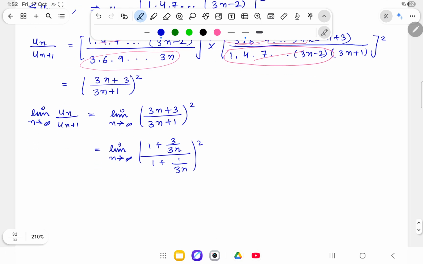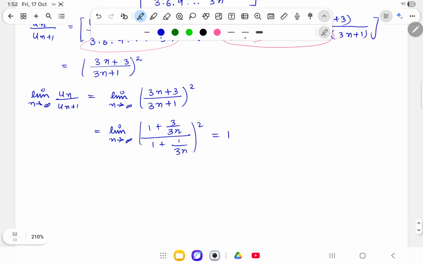And if we just calculate its limit, it will be equal to 1. Now the ratio test fails when the limit turns out to be 1, so by ratio test we can't comment anything.